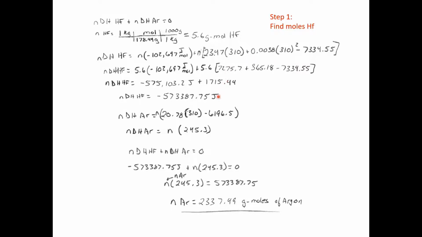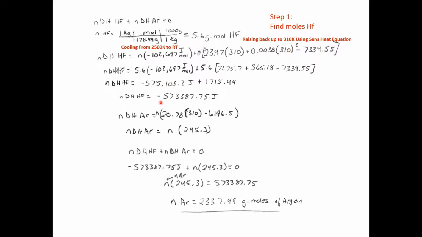We work it out, so we figure out that the heat required to cool this hafnium to 310 is this value. Reiterating, we're cooling from 2,500 K to room temperature, then raising back up to 310 K using the sensible heat equation.